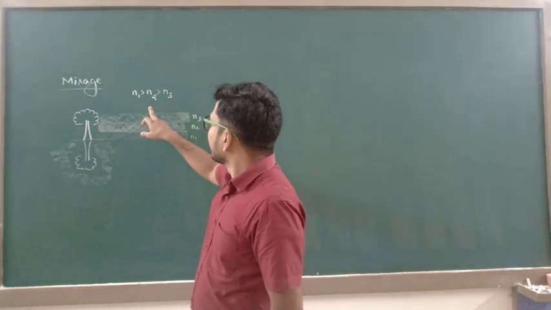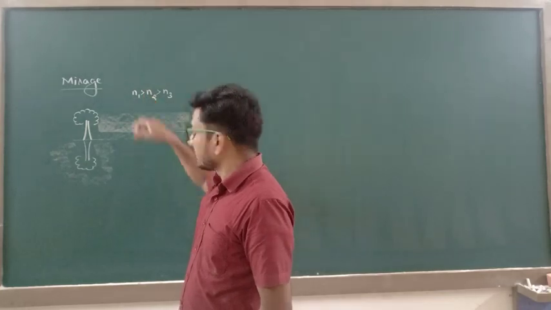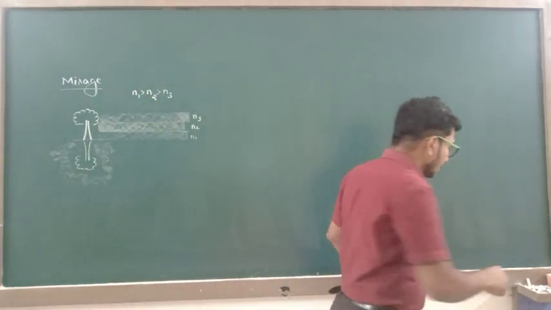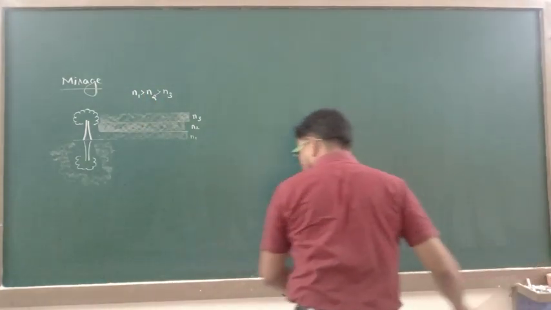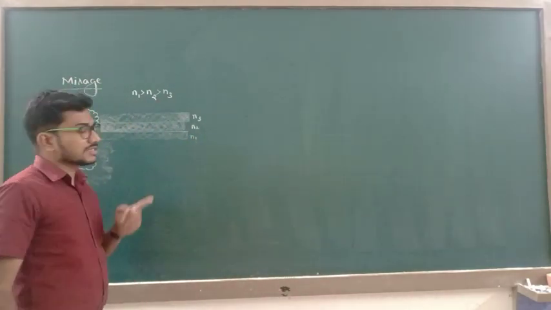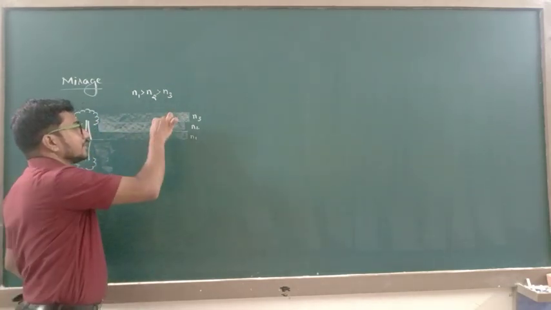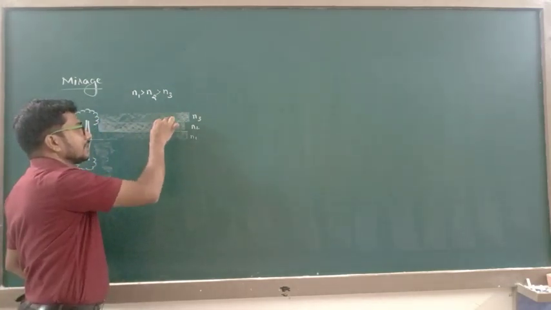So here you just make a small correction. It is not N1 greater than N2, it is N1 less than N2, because the condition for total internal reflection is light must travel from denser to rarer. This one denser, rarer, denser, rarer.